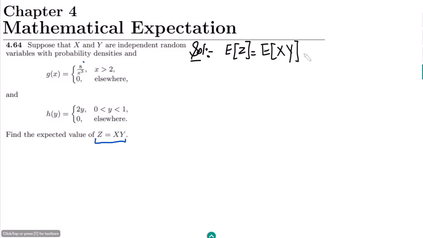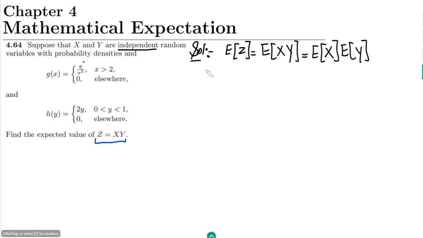Since the two random variables are independent of each other, which is given here already, E of x times E of y is equal to E of xy. So we actually want to find out the product of E of x and E of y.